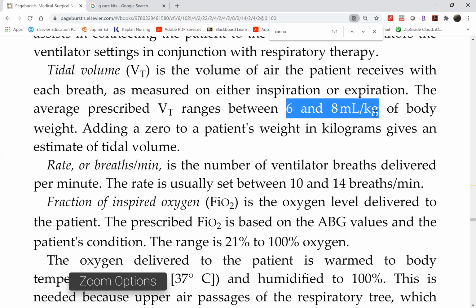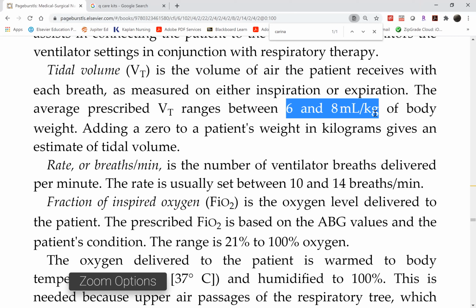But one thing to take note of is, even if the patient's tidal volume on the vent is 400 ml, let's say, it doesn't mean he's going to get 400 ml, because it really depends on the patient's lung. If the compliance is lower, can you put that 400 ml in there? No, it's going to get less. Because if it's very stiff, if it's very wet, it's not going to get very much air in there.